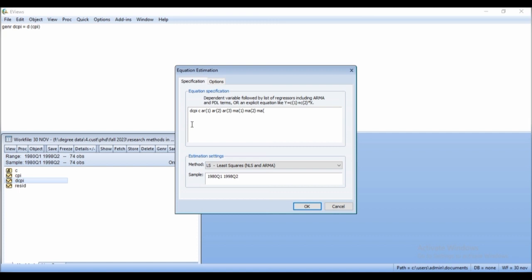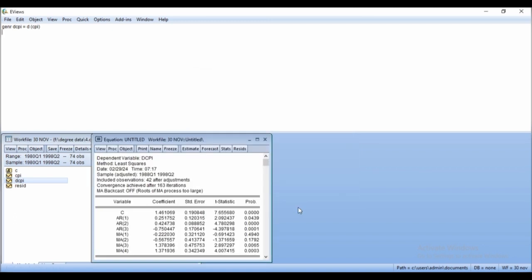So it's MA3 and MA4. So this was our first model that represents P is equal to 3, I is equal to 1, as we made our data stationary, and the third was moving average till 4. So the first model was estimated as here.